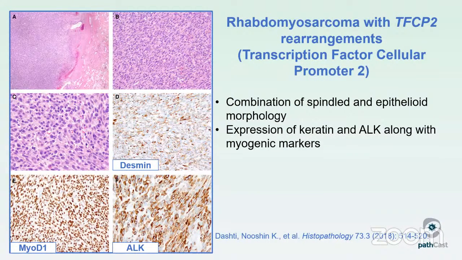Morphologically, they show a combination of spindle and epithelioid morphology. These show a diffuse expression of keratin and ALK along with myogenic markers. So a diagnosis of a poorly differentiated carcinoma is strongly considered in the differential of these rhabdomyosarcomas.